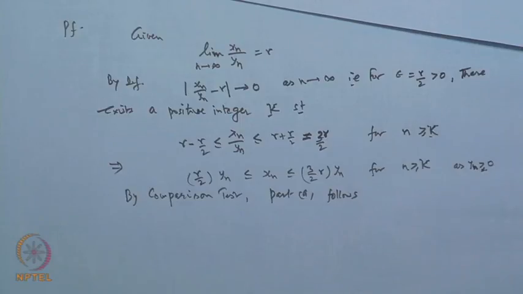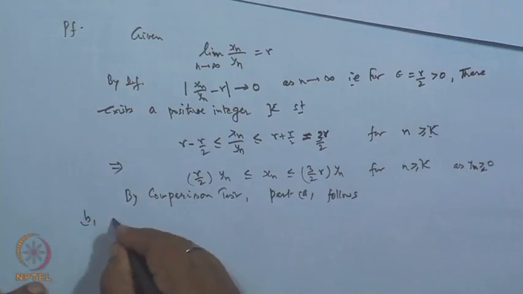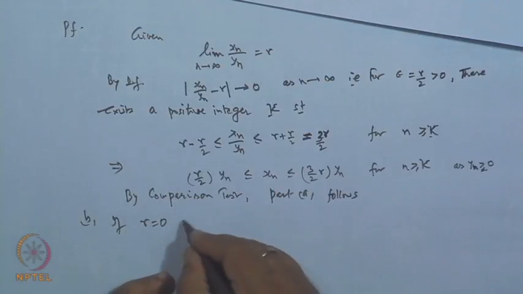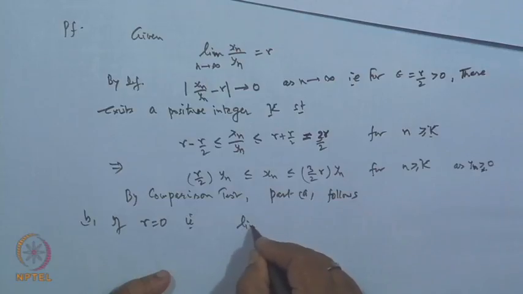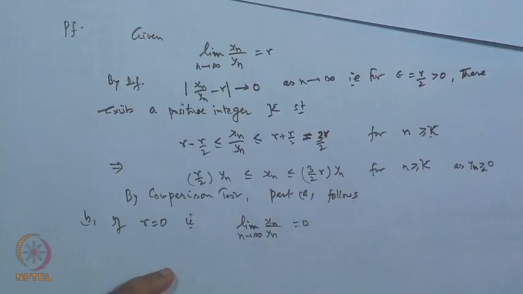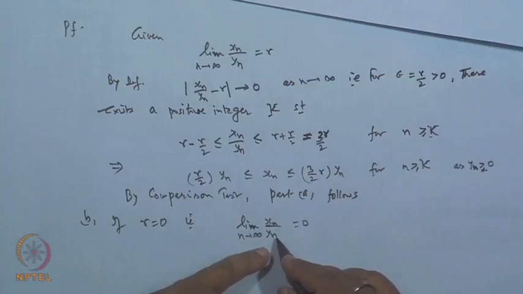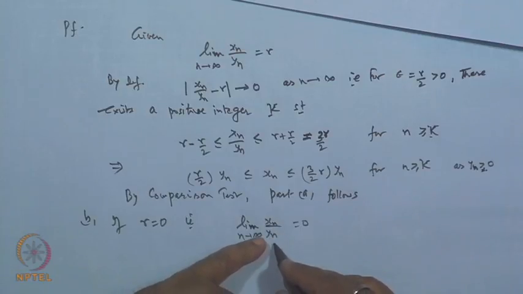Now the second case is part B. If r is 0, that means the limit of x_n over y_n as n tends to infinity is 0. Since x_n and y_n are both positive, the ratio cannot be negative.